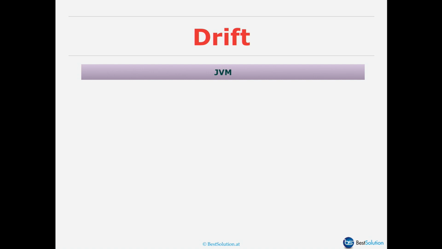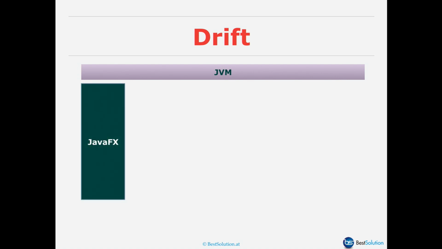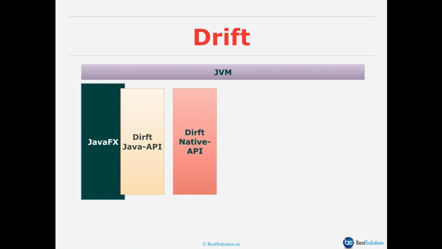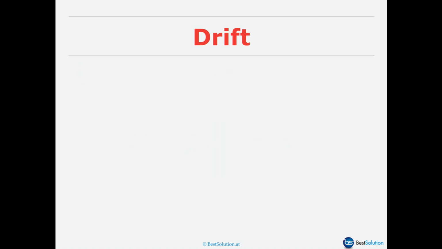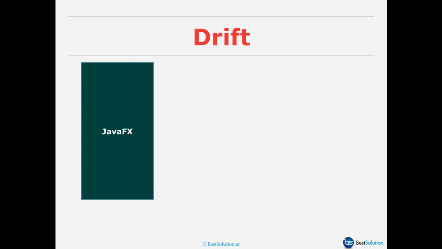Drift works like this. We have the JVM, we have JavaFX, we have the Drift API, we have the Drift native API, and we have our existing OpenGL rendering code base. Technically, don't ask me about the details; I'm not that deep.